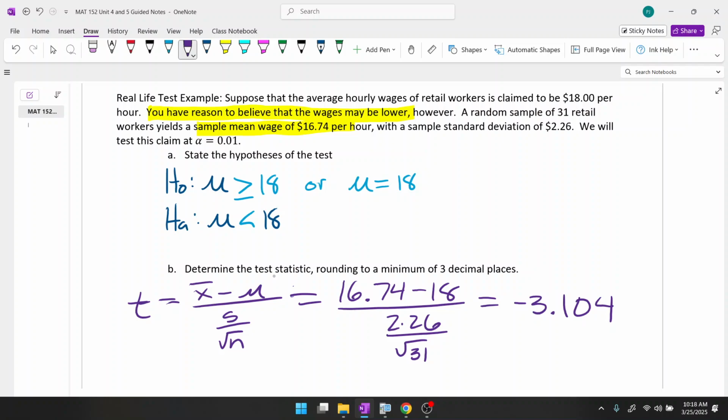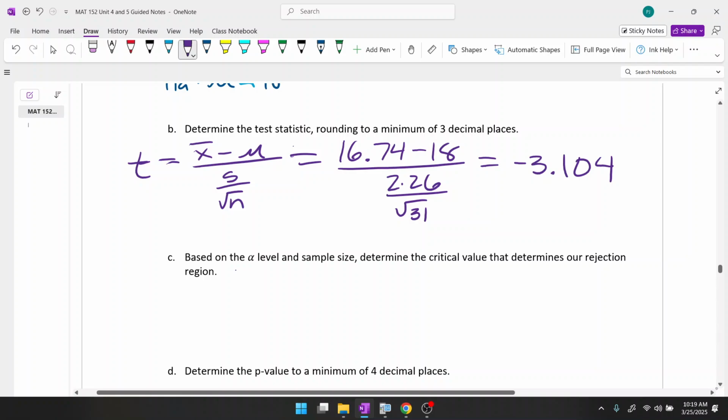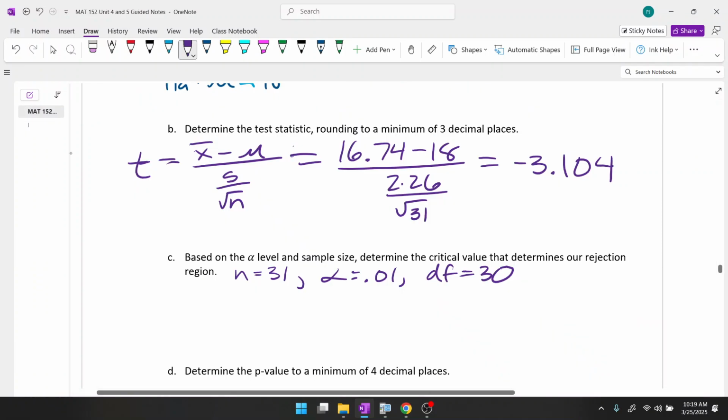Now, that's your t statistic or your test statistic. Round it to 3 decimal places at minimum. Now, since n is 31, alpha was 0.01 and 30 degrees of freedom, it's going to be 2.457.